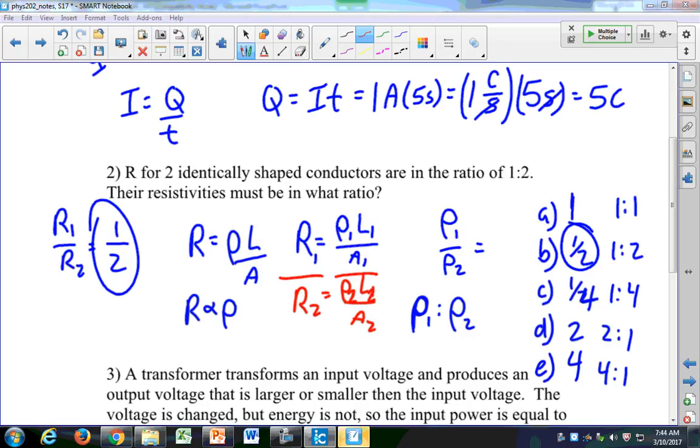And notice when I do that I get some things to cancel out. The L's cancel because we assume those are constant. The areas cancel, so I assume those are constant. And I'm left with rho 1 to rho 2. So the two ratios are the same. However, if I was looking at something else, like say the areas, it would be swapped because there's an inverse relationship.